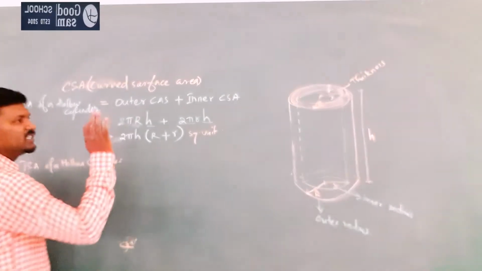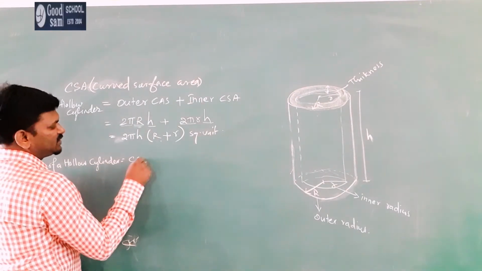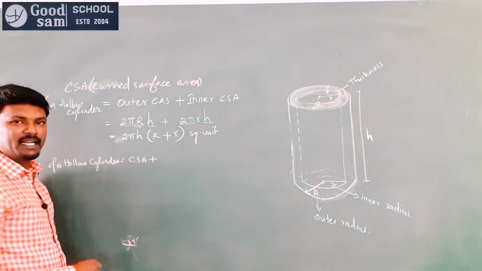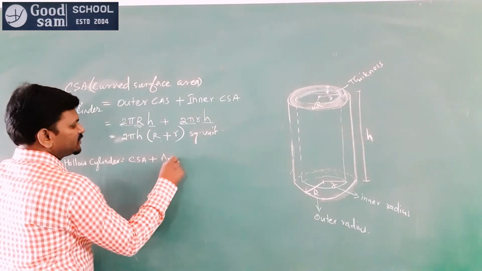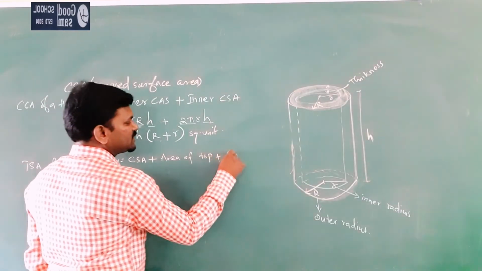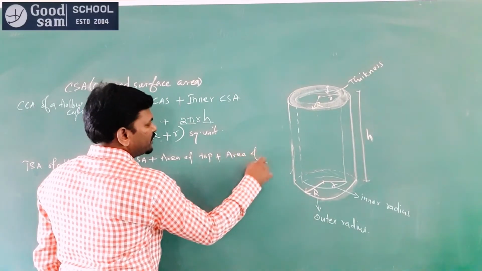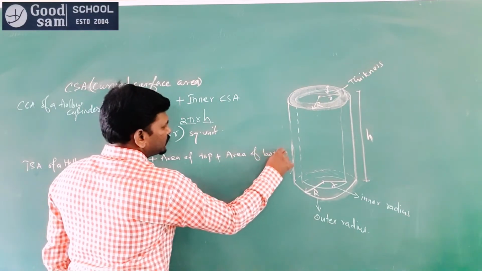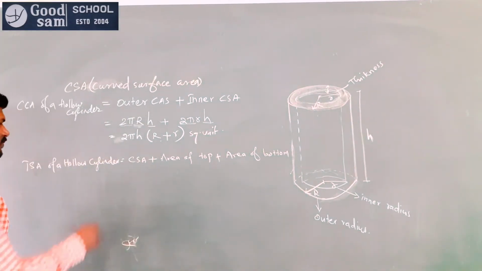Here also the same thing: CSA of a hollow cylinder plus area of top plus area of bottom.